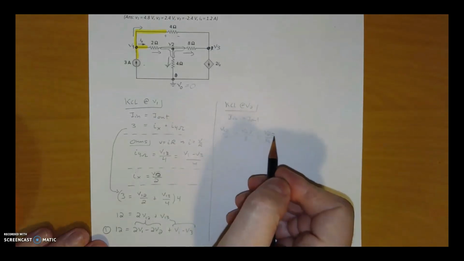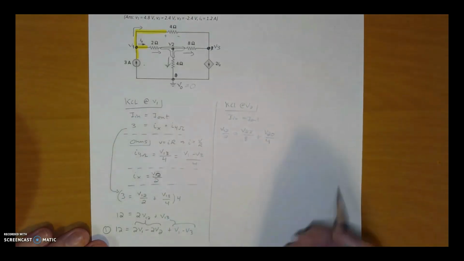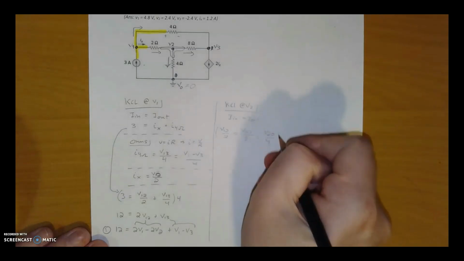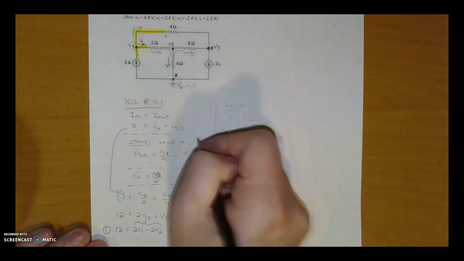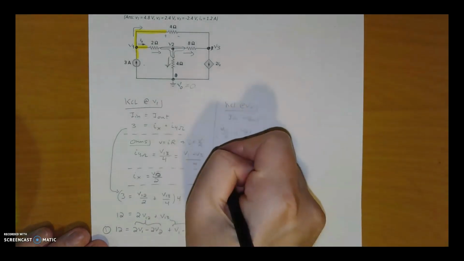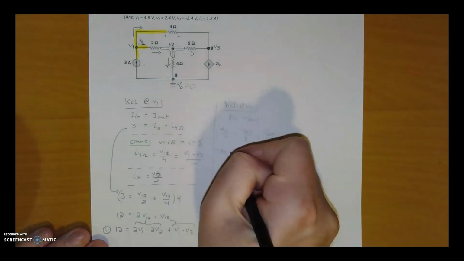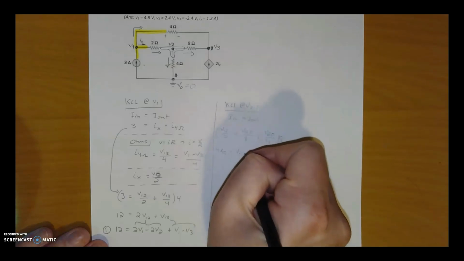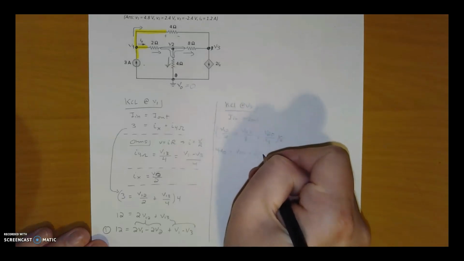And so this 0 is going to drop off over here. Our common is an 8. So we'll multiply everything by 8 to get rid of our denominators. So I'll get 4V1,2 equal to V2,3 plus 2V2,0.